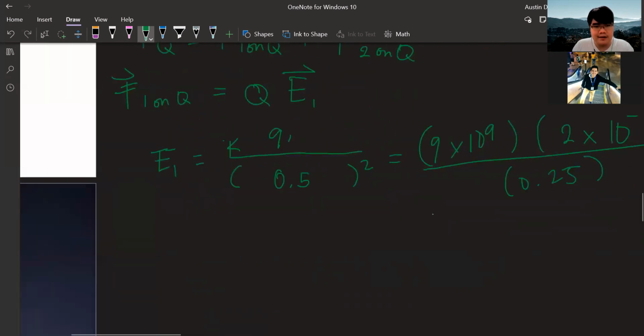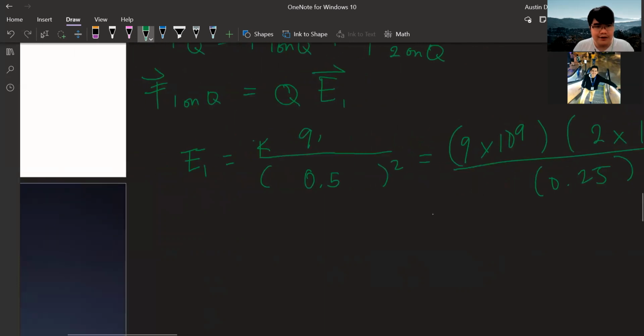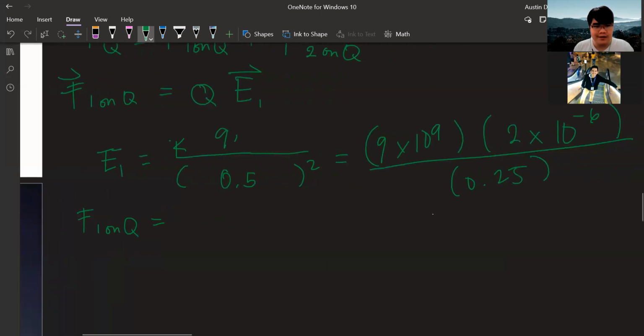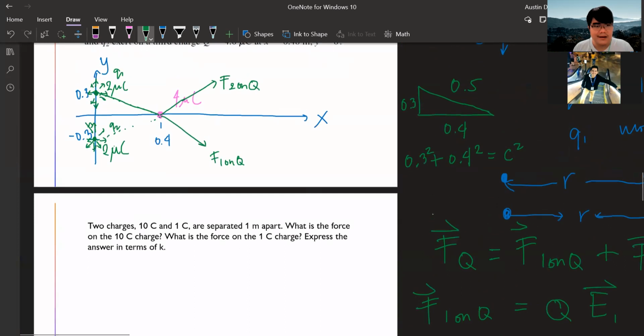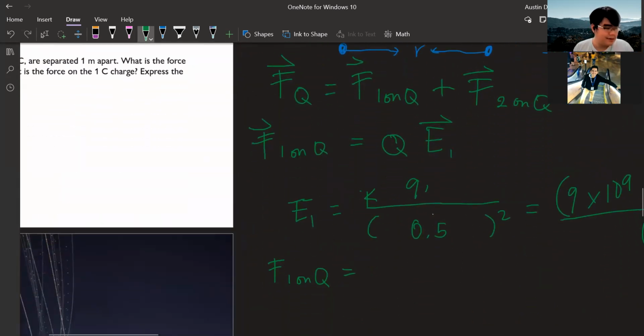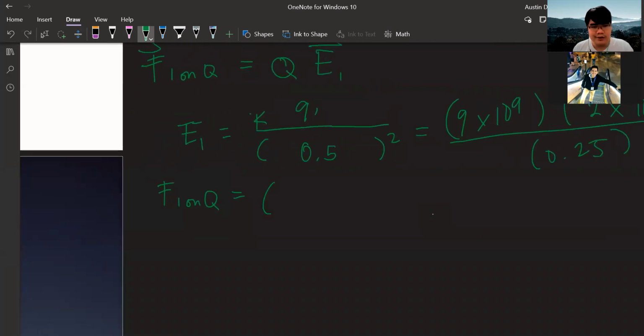Okay. So if you're gonna get the force that you need, so F1 on Q would be multiplying Q to that number. Ano yung Q natin? 4 microcoulomb. So 4 times 10 to the negative 6 and 72 times 10 to the 3.